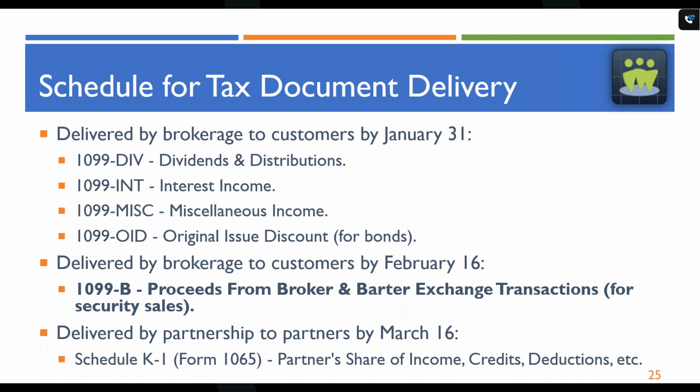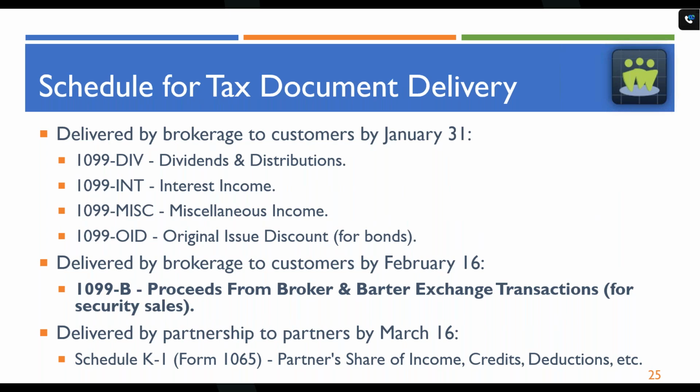Okay, so here's a nice brief schedule for what type of tax documents you may get and when they are supposed to be delivered. By January 31st, you should get 1099-DIV, 1099-INT, 1099-MISC, and the 1099-OID, or original issue discount. This is for bonds. The 1099-B for brokerage firms should be delivered by about February 16th. Often brokerages will put it online first before they mail it out.